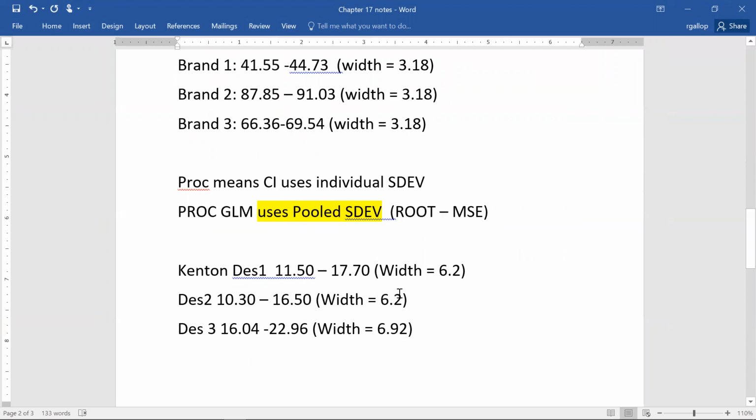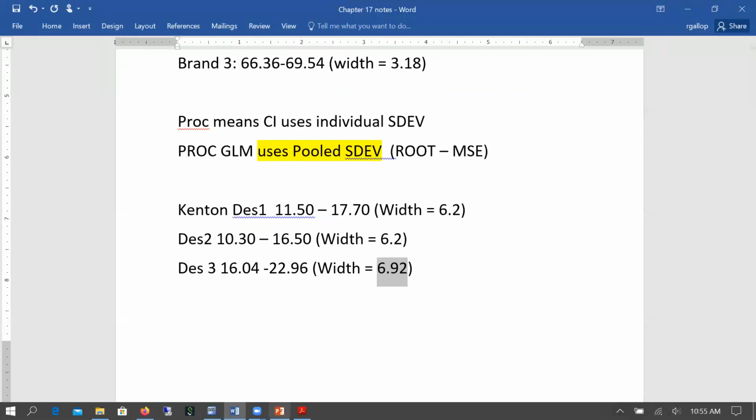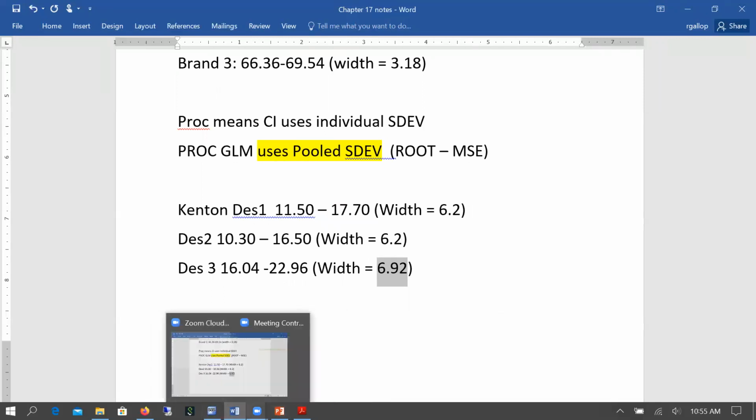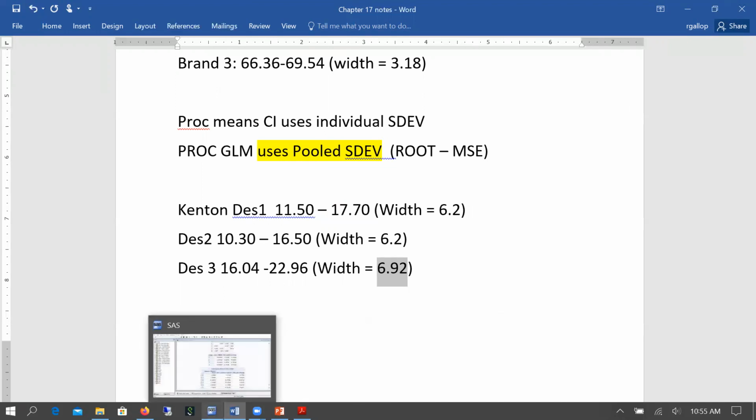So design 1 and 2 have 5 as the cell size, the width's the same. Design 3 has a cell size of 4 because they had the one store that had the fire. So we lose that cell size as we start moving on.